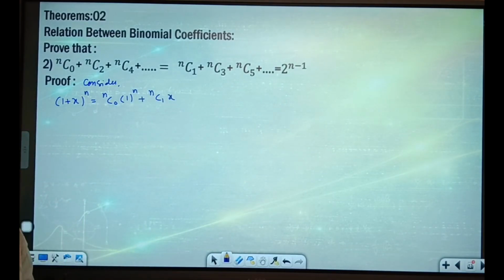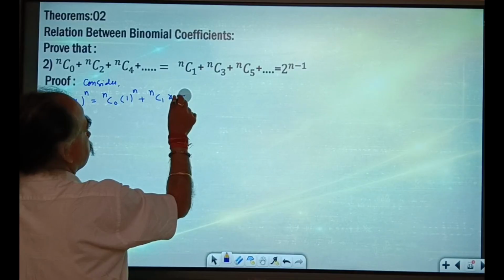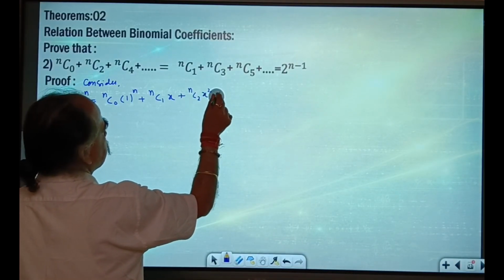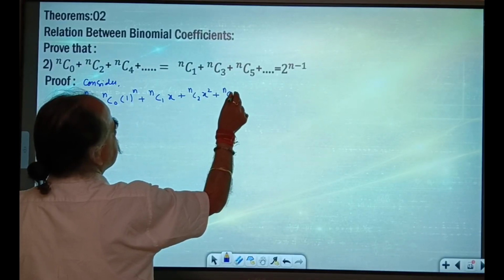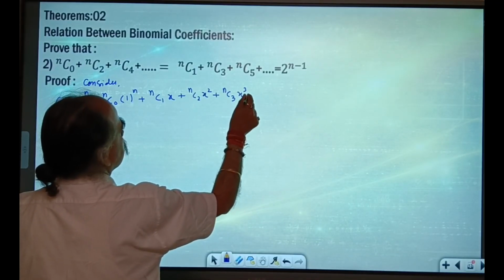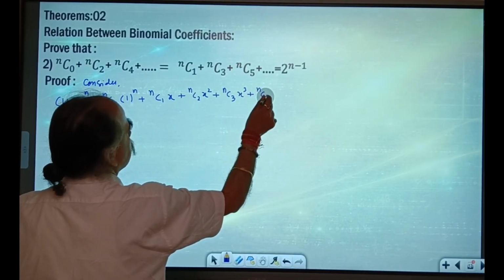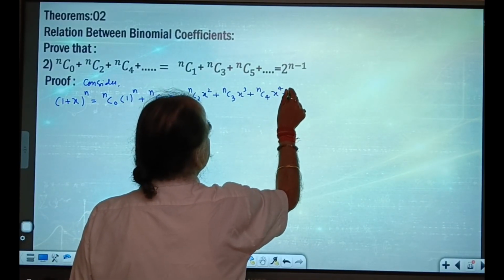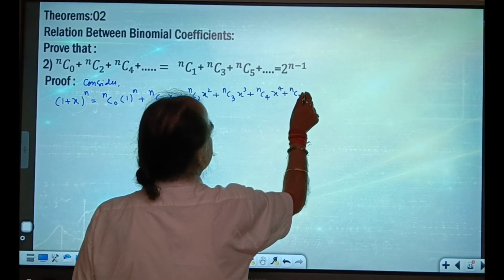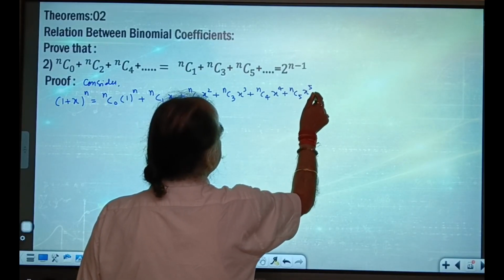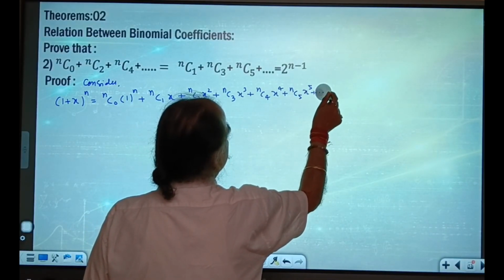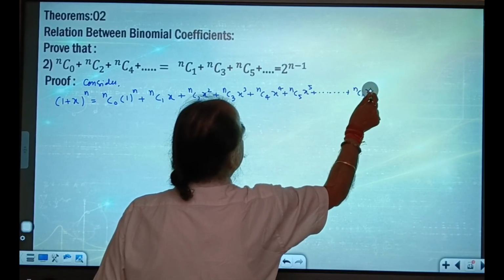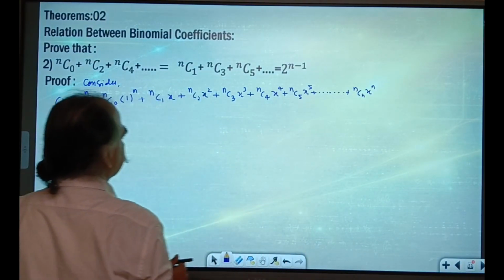Just keep on increasing the power of x. nC2 x square, nC3 x cube, nC4 x raised to 4, nC5 x raised to 5, plus nCn x raised to n.